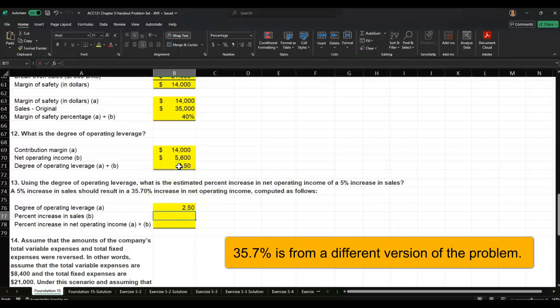We've got a 5% increase, so we just simply take the multiplier of those. So if we've got a 5% increase in sales, we're going to end up with a 12.5% increase in net operating income.